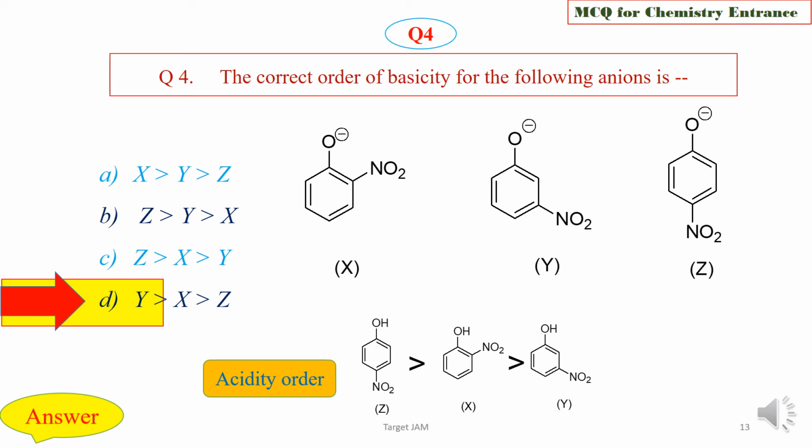This is the acidity order. So the basicity order of the corresponding bases, that is X, Y and Z, will be just the reverse of this. That means Y greater than X greater than Z.